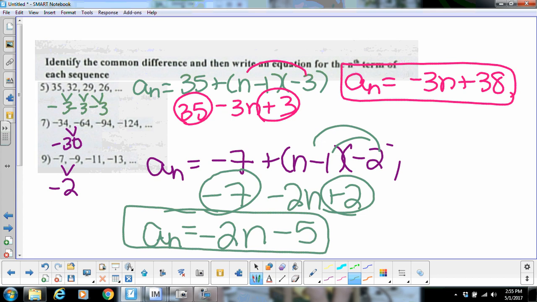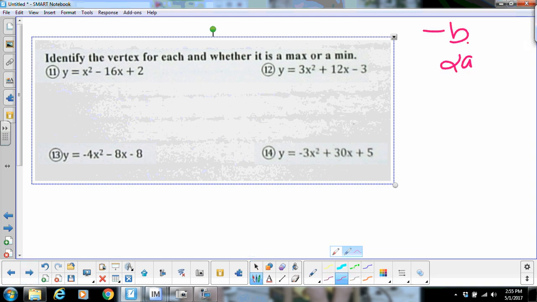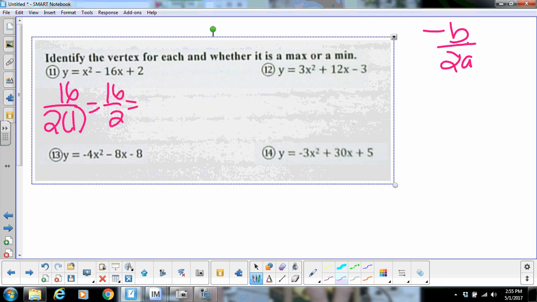All right, and then the bottom part is our vertex stuff that we were going over again. Just remember to find the vertex, you have to first start by finding your axis of symmetry for your x value. So it's going to be opposite of negative 16, which is positive 16, over 2 times 1. So 8 is your x value.